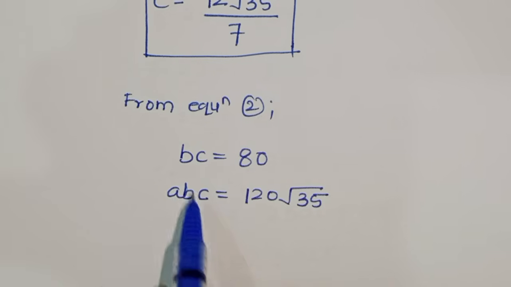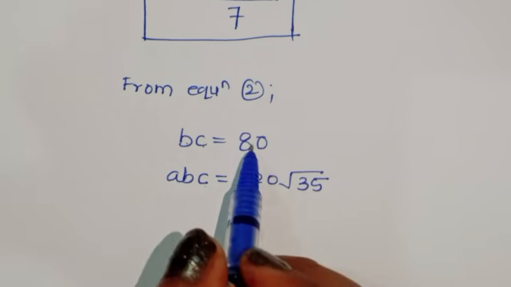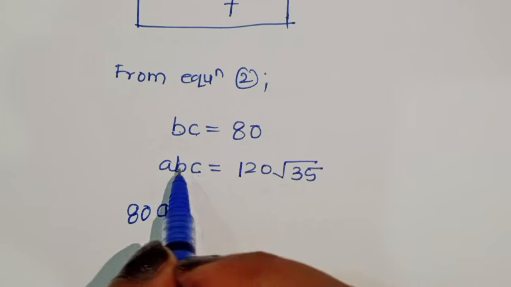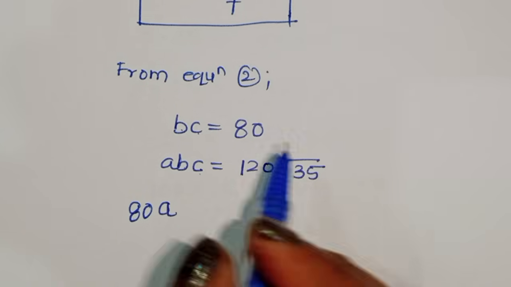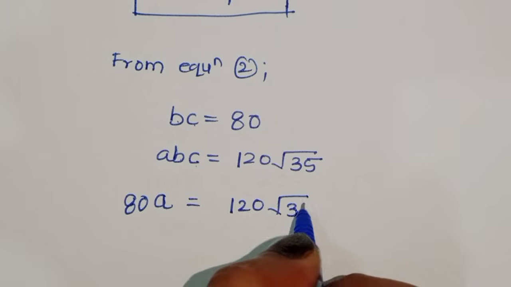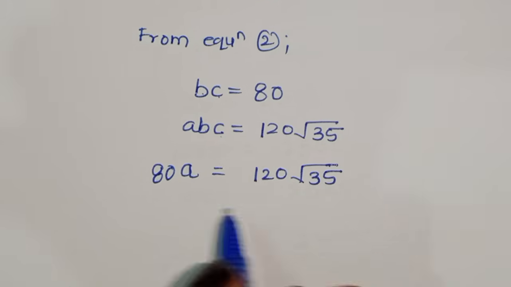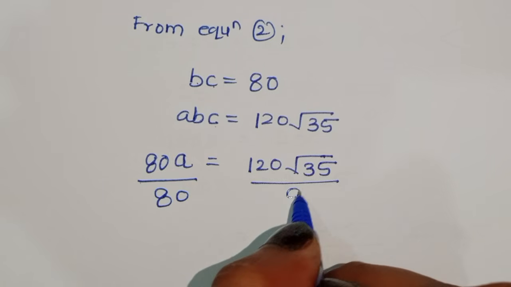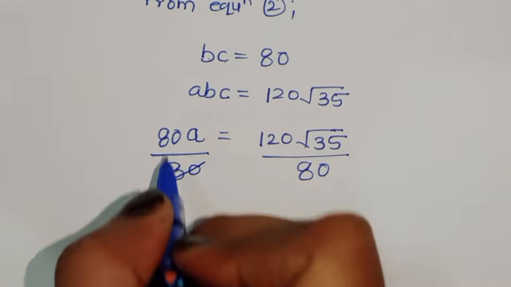Now we have to substitute BC is equal to 80. So we can write 80A, right? The value of BC is 80 and here A. 80A is equal to 120 square root of 35. Now we can divide both sides by 80. So this 80 is cancelled from this 80.